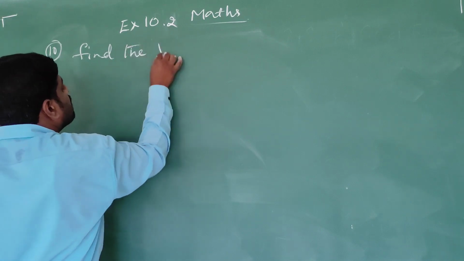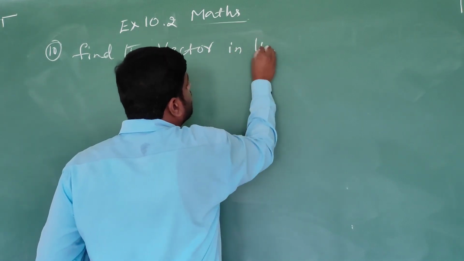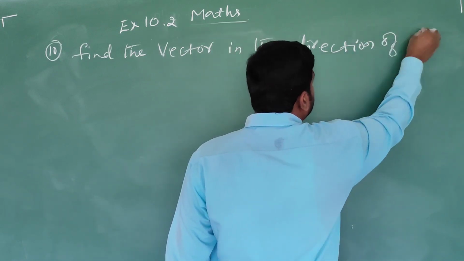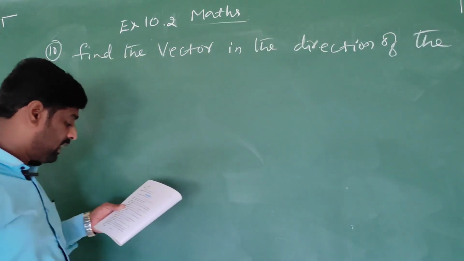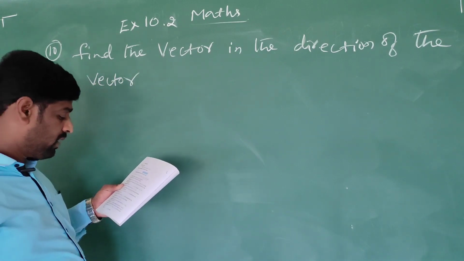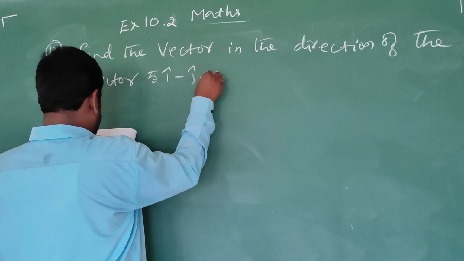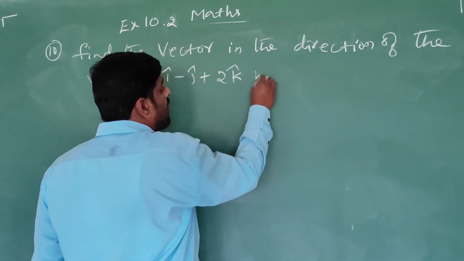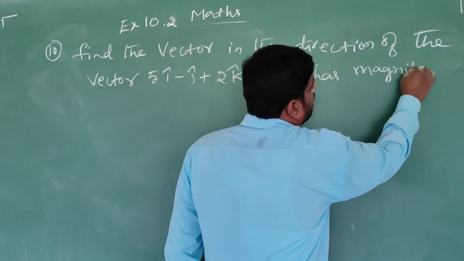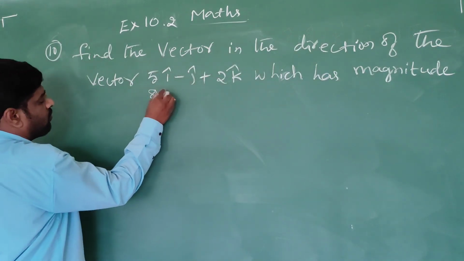Find the vector in the direction of the vector 5i cap minus j cap plus 2k cap which has magnitude 8 units. This question is very important for 2 marks.